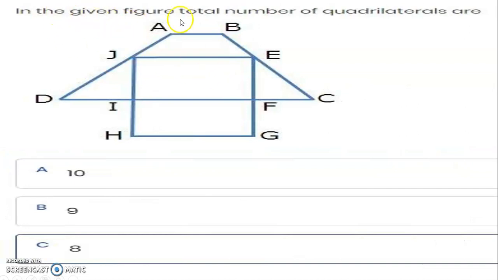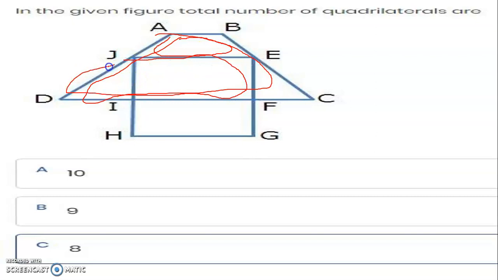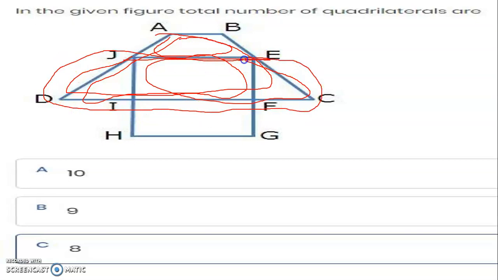So the next question is, in the given figure, total number of quadrilaterals. Come on, count, children. Shall we count? See, this is one quadrilateral, and then fully one quadrilateral, 2, then here 3, then 4, then this half alone, this DG alone, 5, then this rectangle 6, 7, and one rectangle, 8.